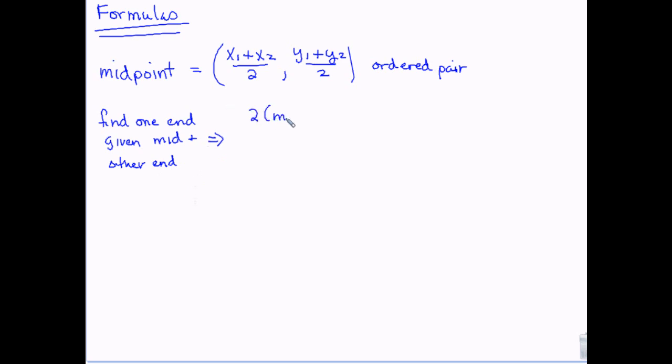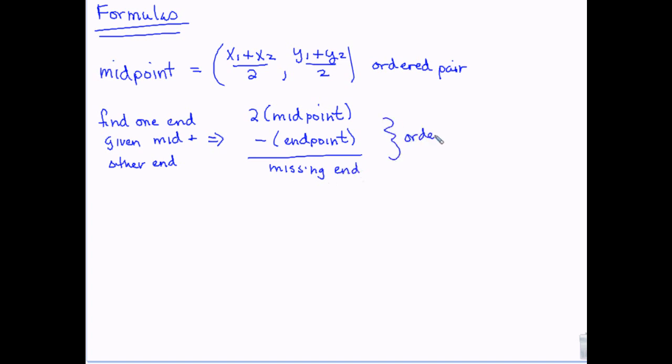So you do 2 times the midpoint minus the endpoint. And that gives you the missing end. And again, these are all ordered pairs. And then you have the distance formula.